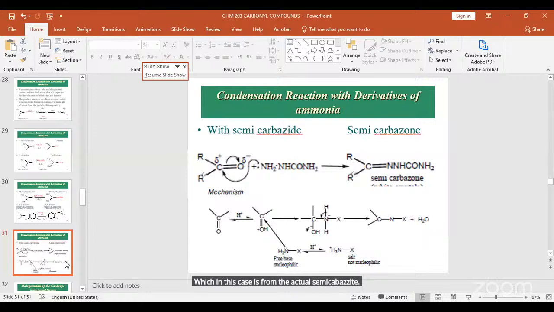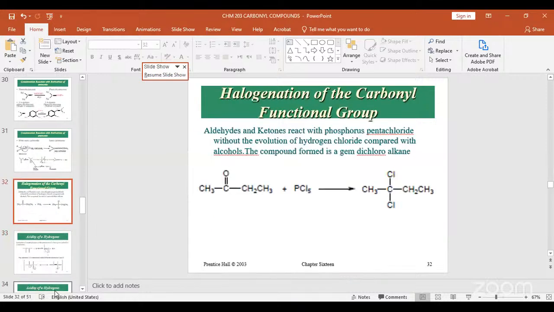Now, we also have reaction with phosphorus pentachloride. When you have reaction with phosphorus pentachloride, the carbonyl will be completely lost and two chlorine atoms will be added onto it.